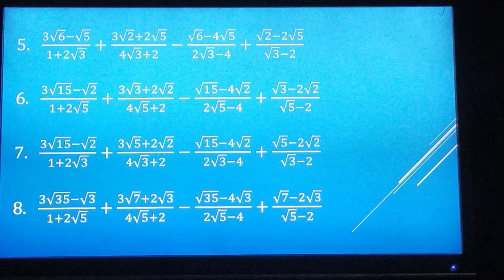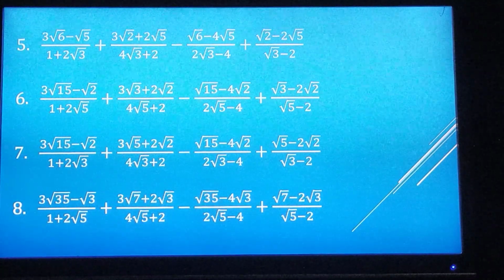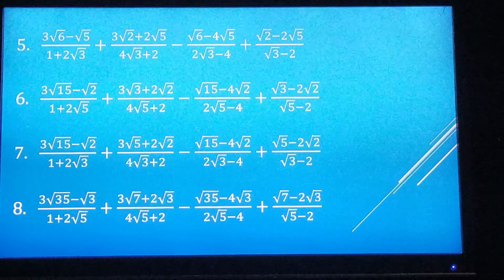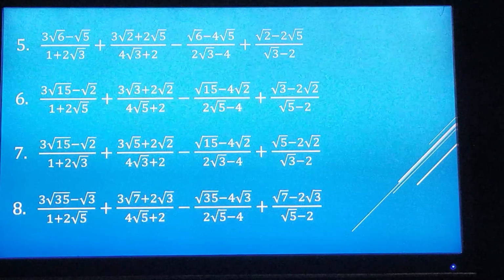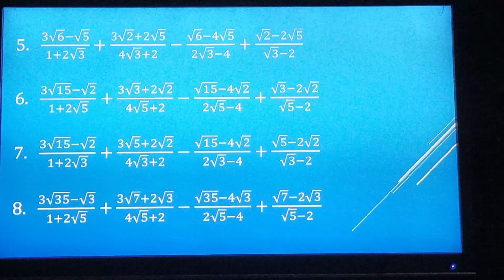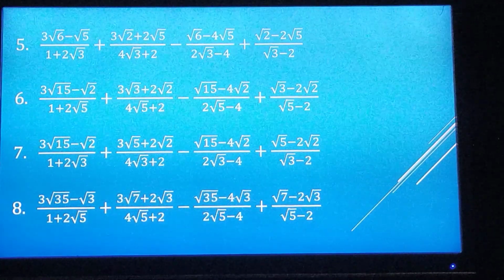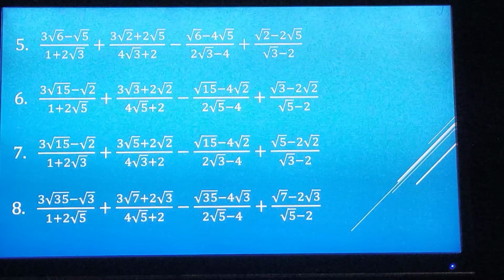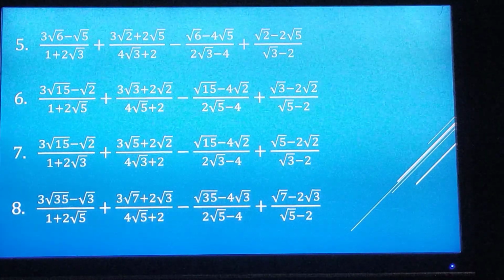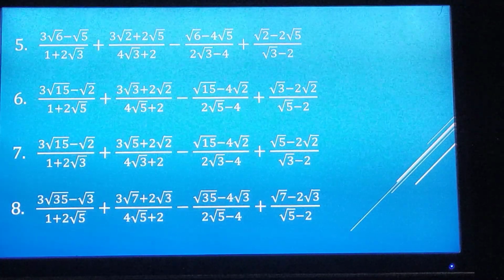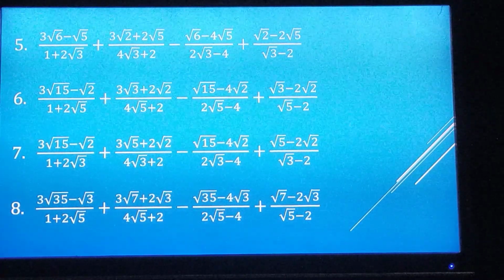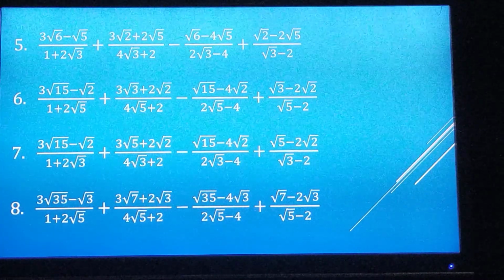And there are 4 fractions to be added or subtracted involving these irrational numbers. So this is a little bit more difficult. It's more difficult to simplify them, but it is very easy to construct them, as you will see very shortly.